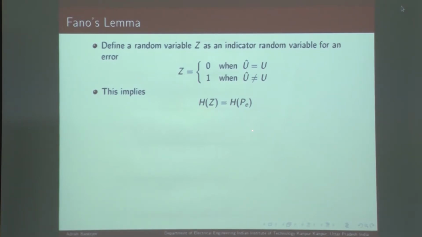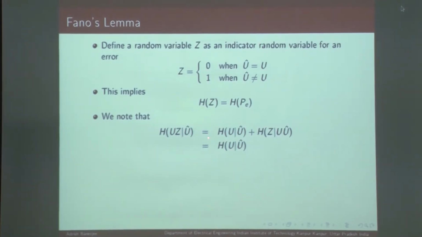H of Z is equal to h of P, because Z is 0 with probability 1 minus P and Z is 1 with probability P. So, uncertainty in Z is uncertainty in P. Let us compute uncertainty in U Z given U hat.